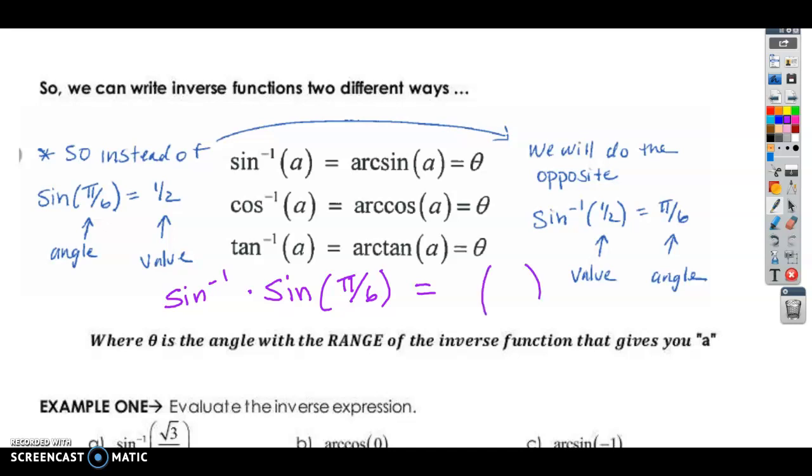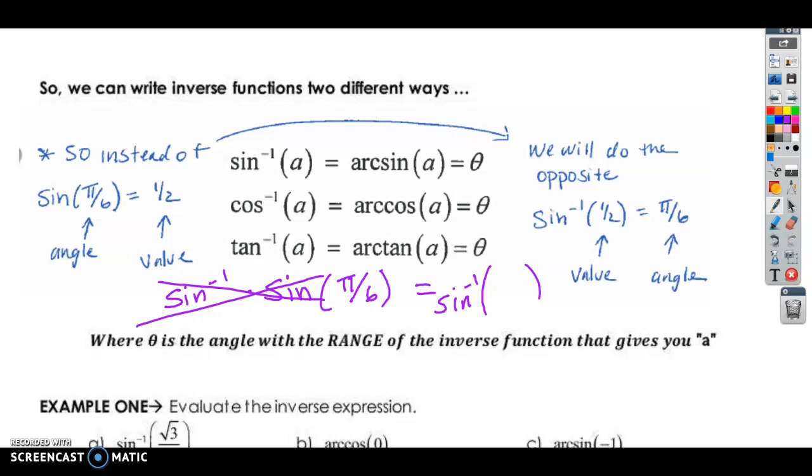And we don't know what it is. But if I essentially apply inverse sine to the left side of my equation, I have to do the same on the right side. And what happens is the inverse sine and the sine end up canceling each other out because they undo each other because they're inverses. And what's left is the measure of the angle.